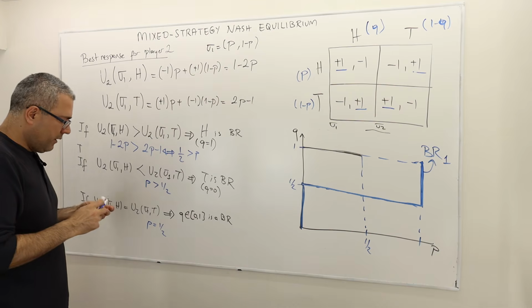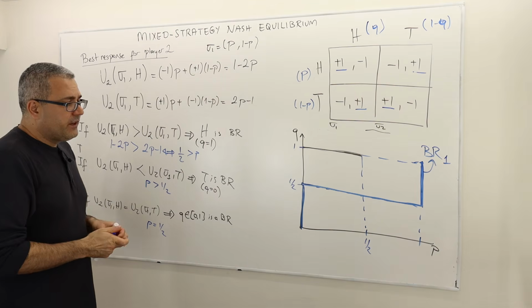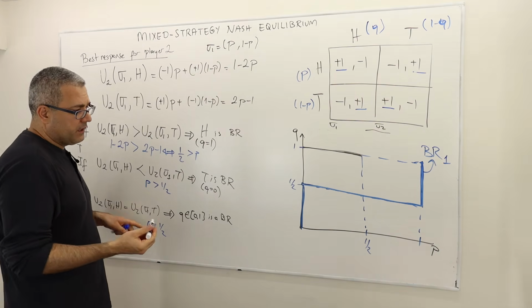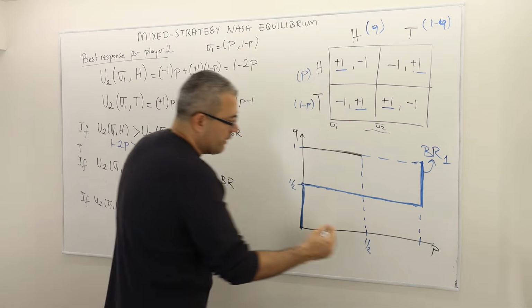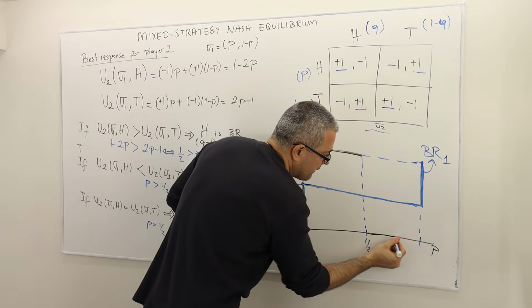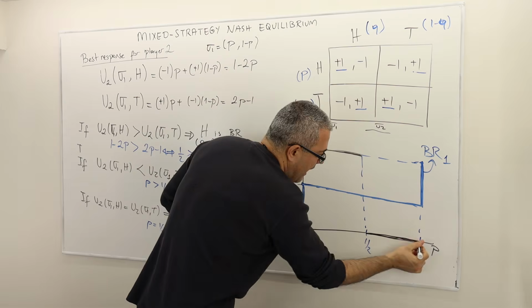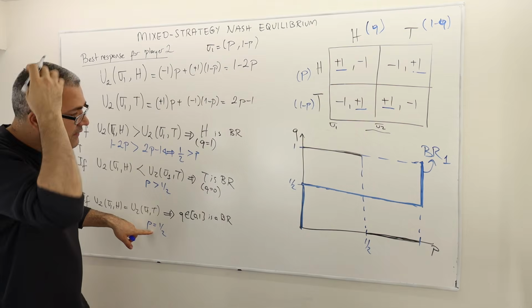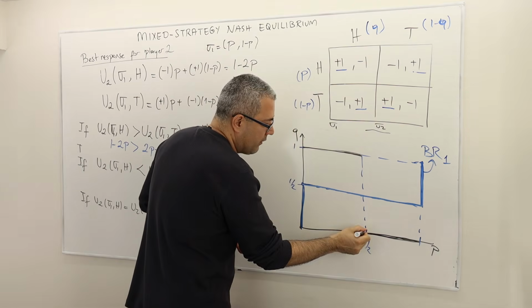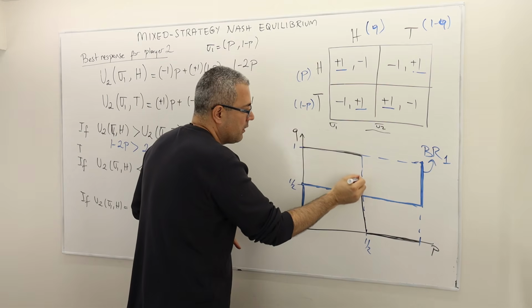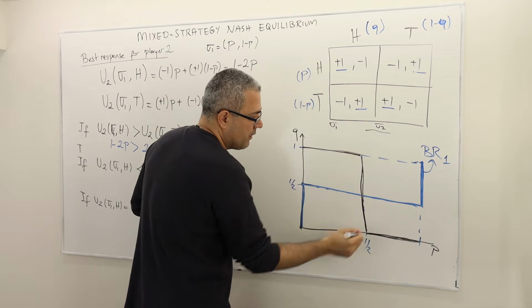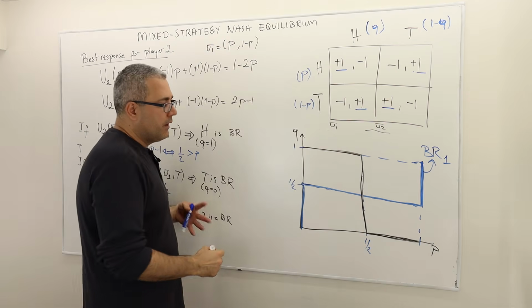So whenever P is greater than 1/2, the best response of the second player is Q equals 0. So that means this part. And whenever P is exactly equal to 1/2, all the Q's are best responses.